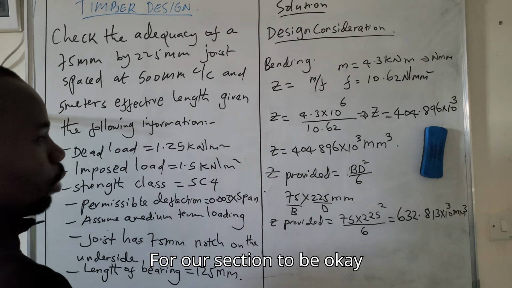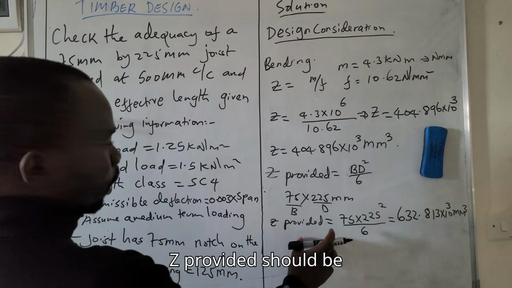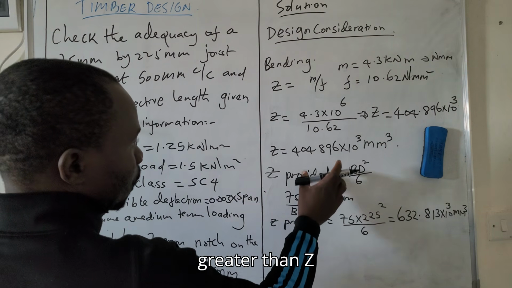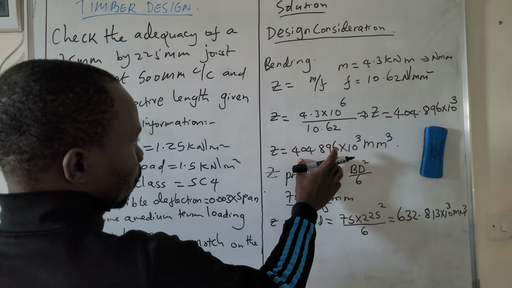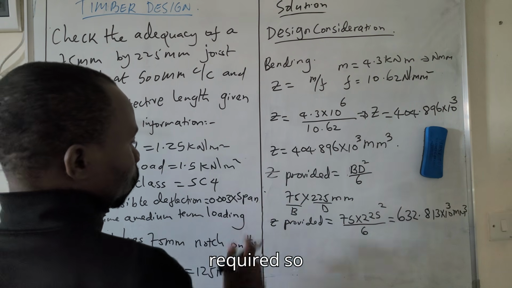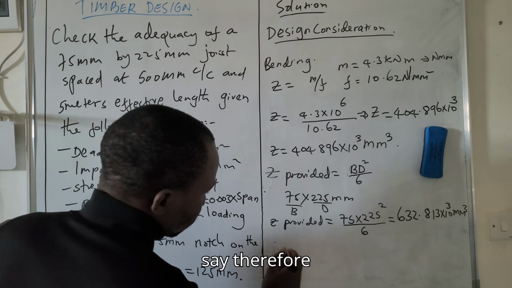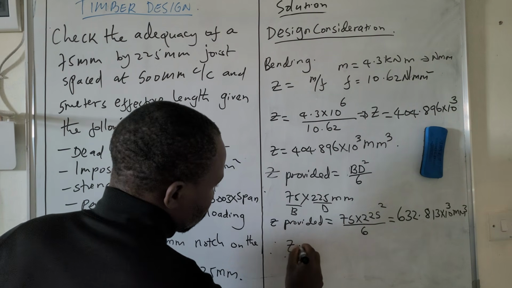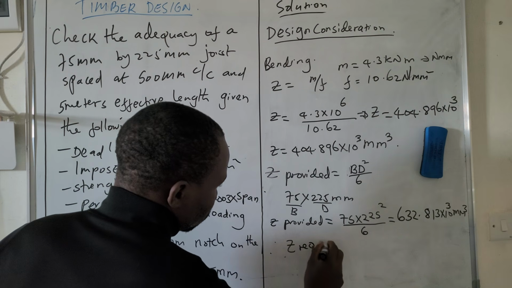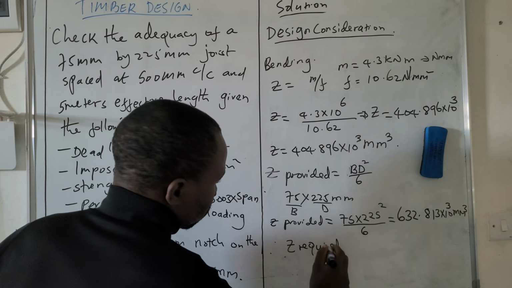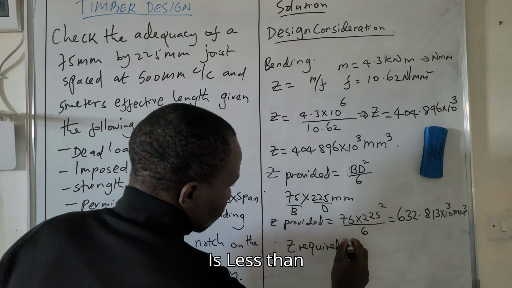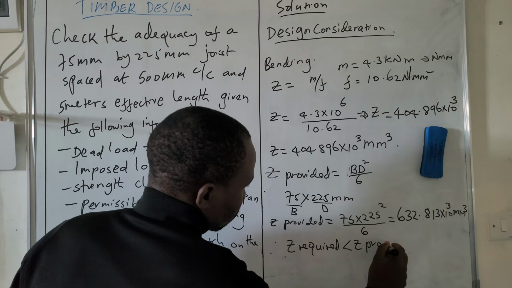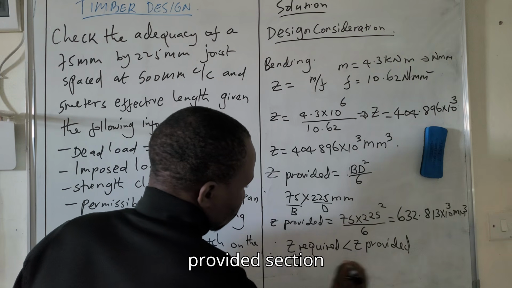For our section to be okay, Z provided should be greater than Z required. So we say therefore Z required is less than Z provided.